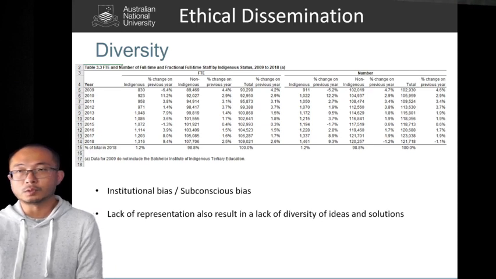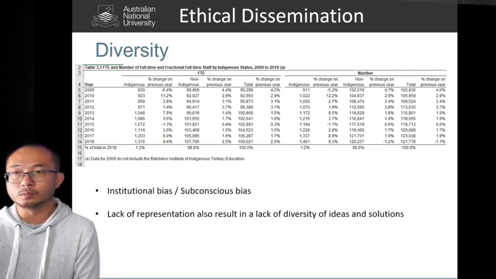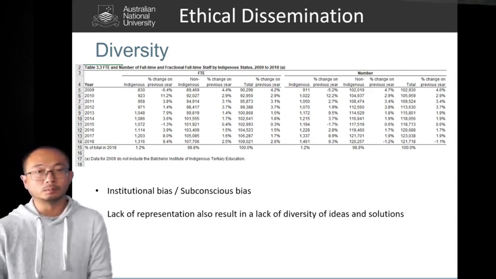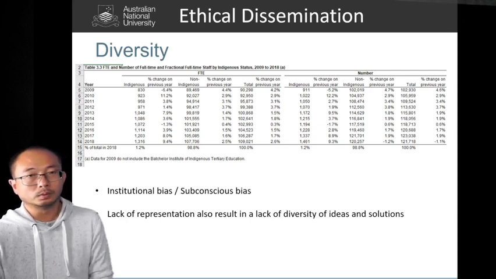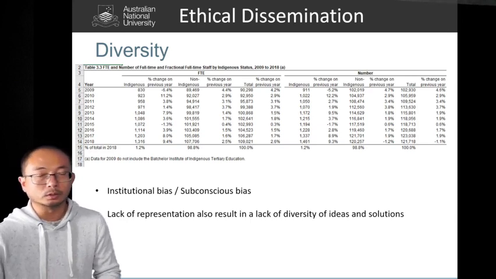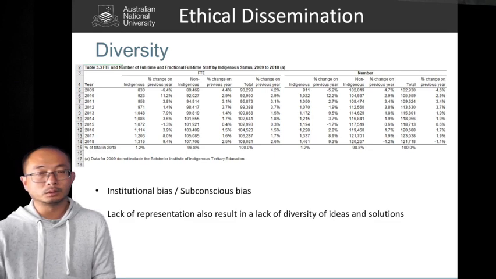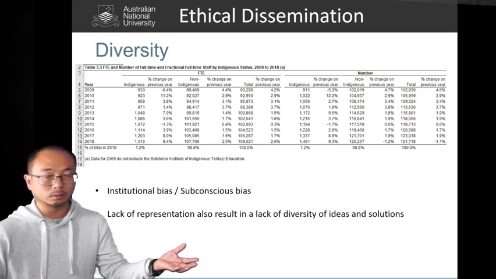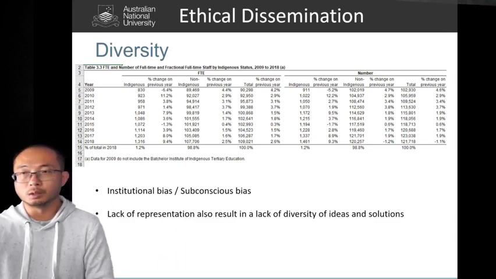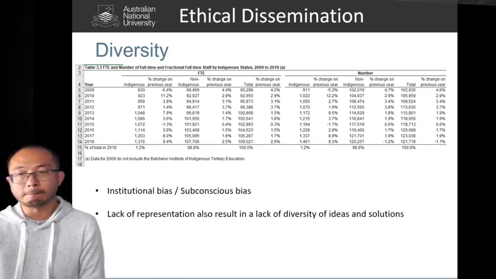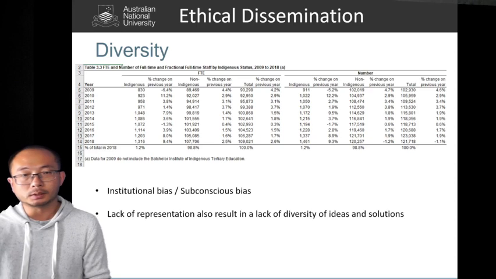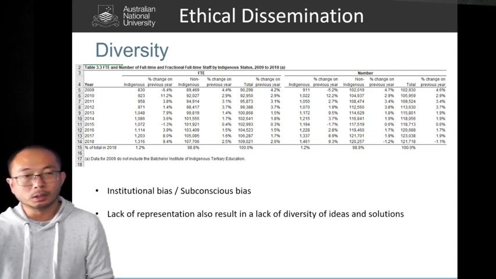When we talk about diversity, we should also not forget the inclusion of diversity other than gender, so race, religion, and so on. The first thing is that universities and academia should be the example of equity, which we are not.